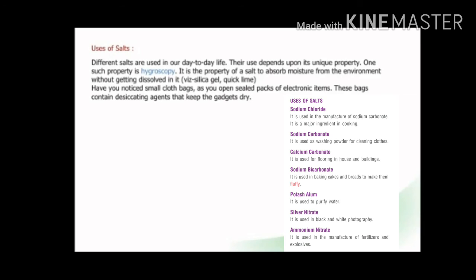It is used for flooring in houses and buildings. Sodium bicarbonate is used in making cakes and bread to make them fluffy and soft. And potash alum is used to purify water. Silver nitrate is used in black and white photography. And ammonium nitrate is used in the manufacture of fertilizer and explosives.